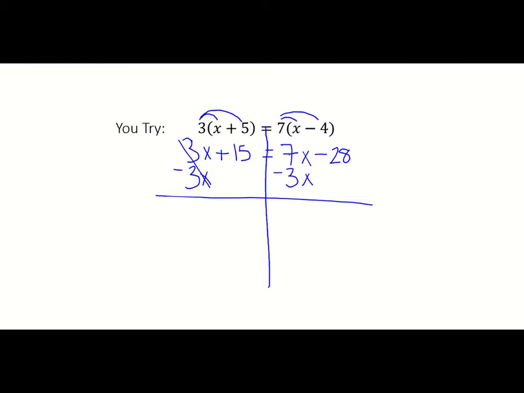When I subtract the 3x, I'm left with 15. 7x minus 3x is 4x, and then I'll drop down minus 28. At this time, we want to get 4x by itself, so we'll add 28 to both sides.